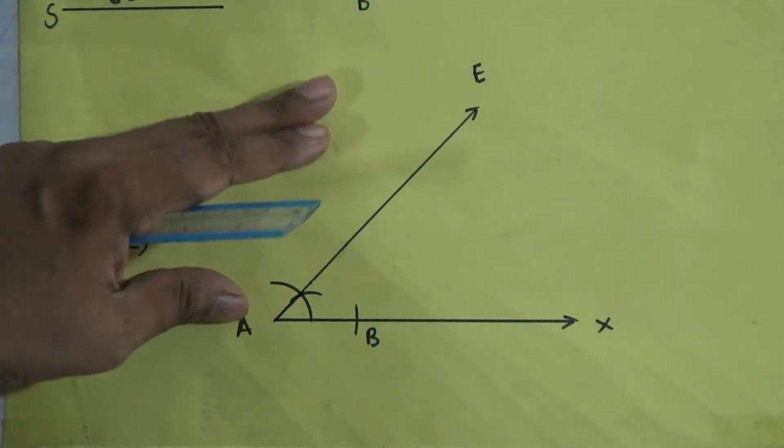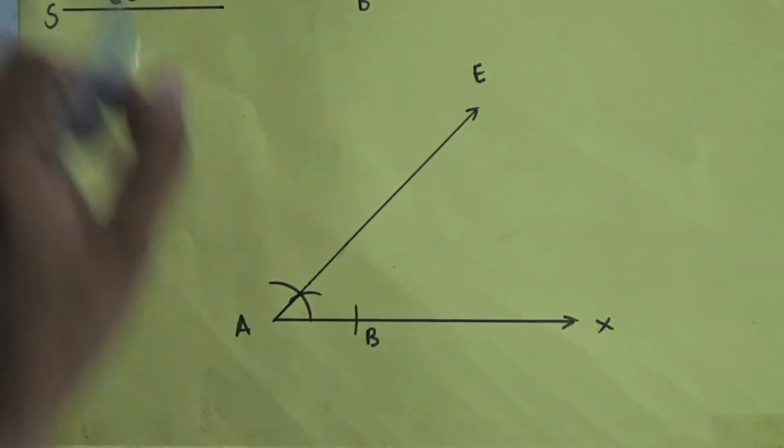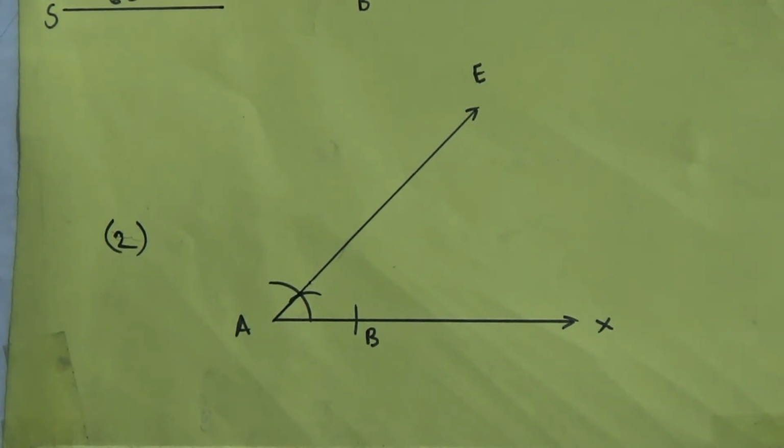From AE, we will cut a line segment which measurement will be equal to S. That means 6 centimeter.